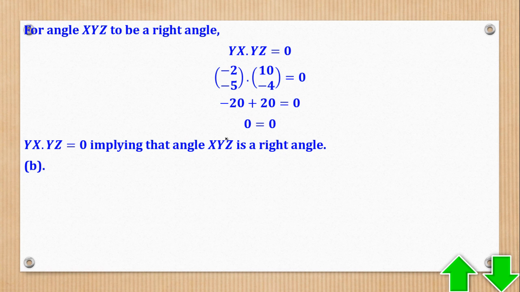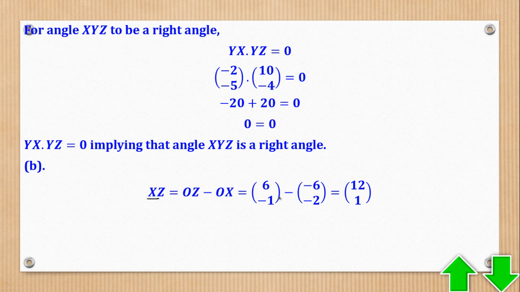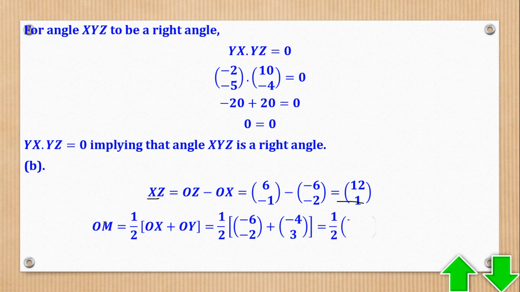The next was to show that MN is parallel to XZ. So I'll need to first get XZ, which is there. Then I'll also get MN. So what is M? M was the midpoint of XY. So it's got by getting the average of the two vectors, which is that.